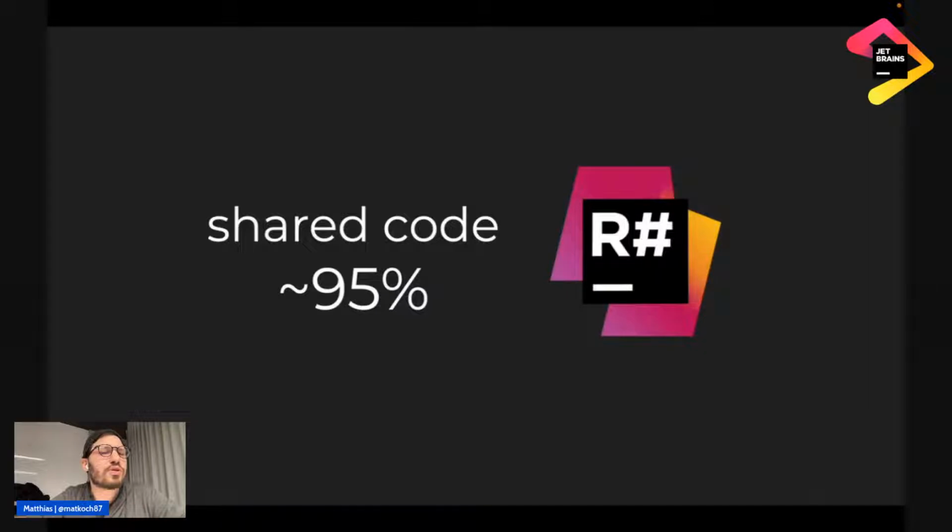Okay, shared code. We didn't implement a lot, let's say, for Rider in terms of C# and .NET code handling. A lot of code is reused, shared. Also today, when ReSharper gets a feature for C#, F#, etc., then Rider gets it as well.